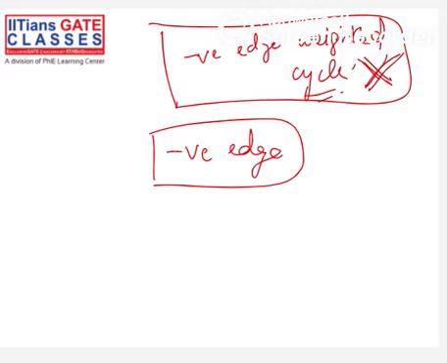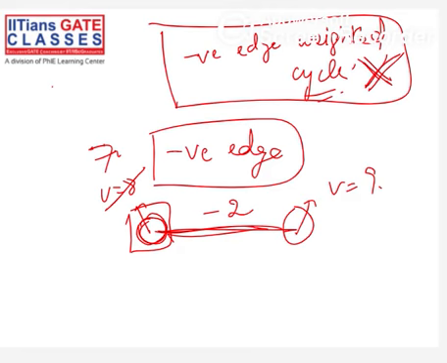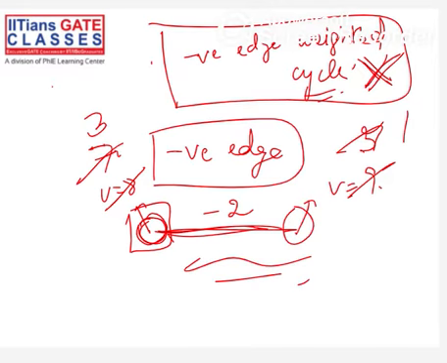Let's say this weight is -2, the value of this edge is 8, and the value of this edge is 9. Now it will again take this edge as the path and decrease the value to 7. When this edge comes again, it will take this path and decrease this value to 5, this value to 3, this value to 1, and so on. This will continue happening. Is this point clear?